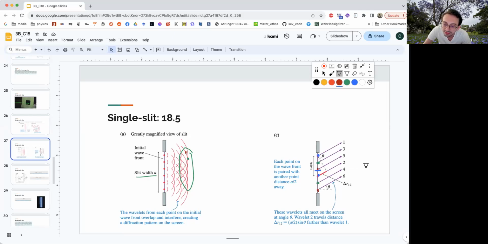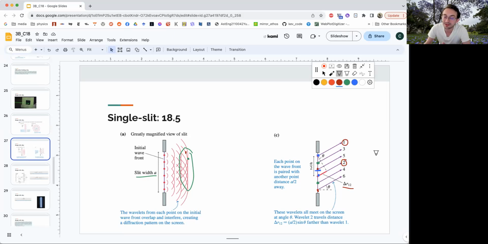We break the light traveling through this opening into pairs, and we think about the interference between each pair. It turns out that one of the lights will travel a little bit farther. They label this delta R 1,2, which is how much farther ray 2 travels compared to ray 1.